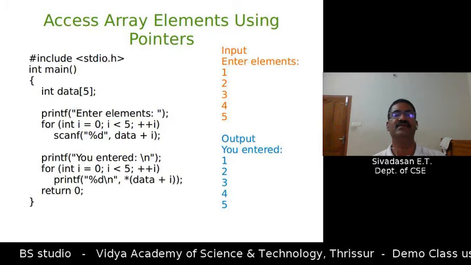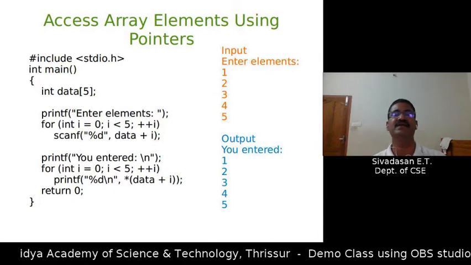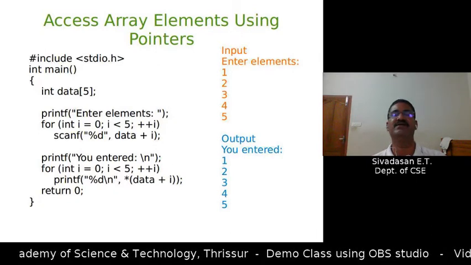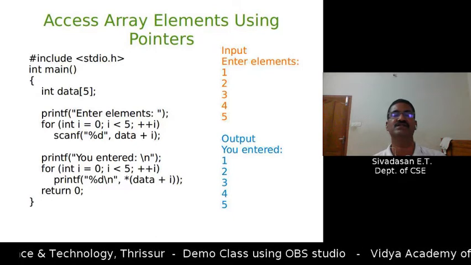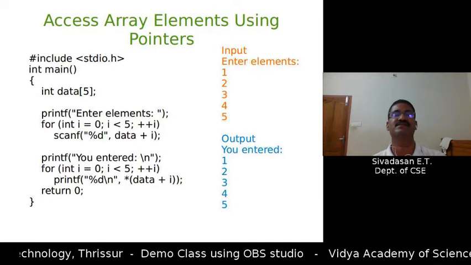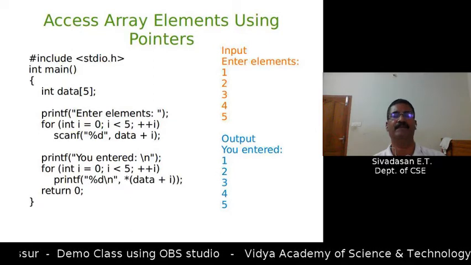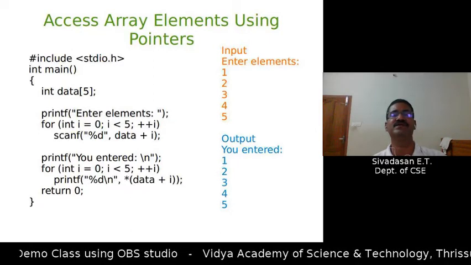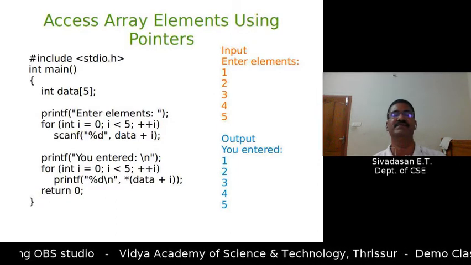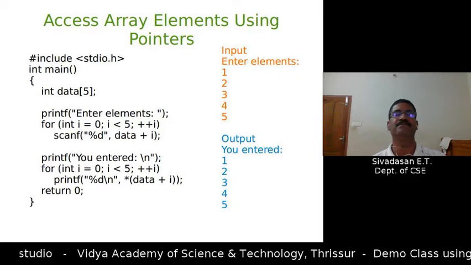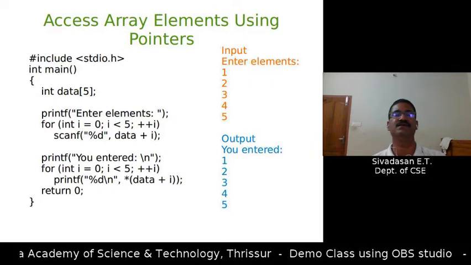Initially i equals 0, and data plus 0 means data itself. That means the value 1 will be stored in the first address of the array. The first address of the array is nothing but the name of the array. And you can traverse subsequent memory locations by incrementing, that is data plus 1.